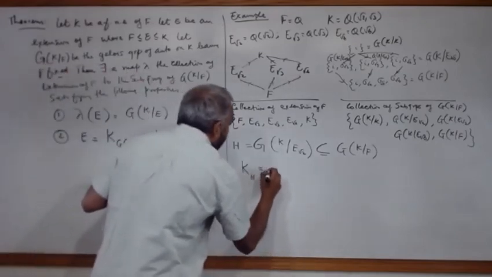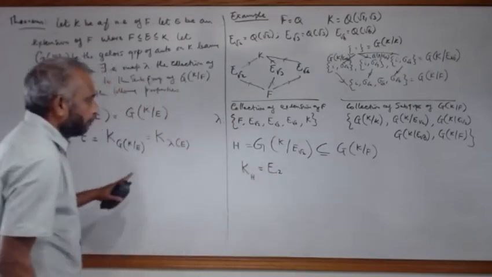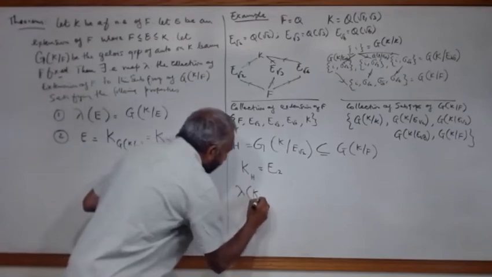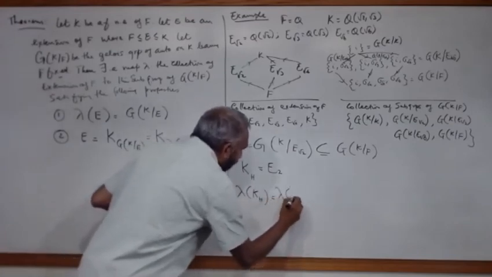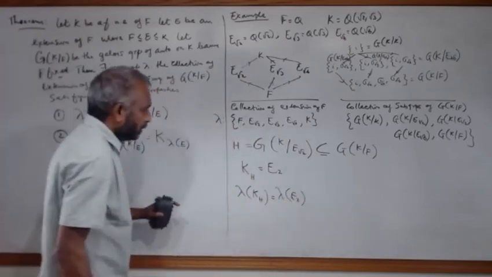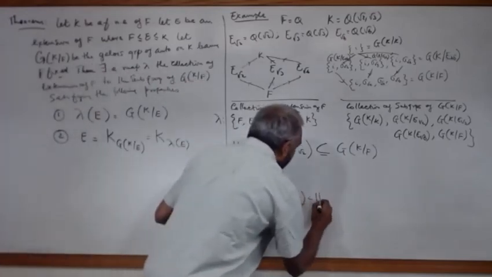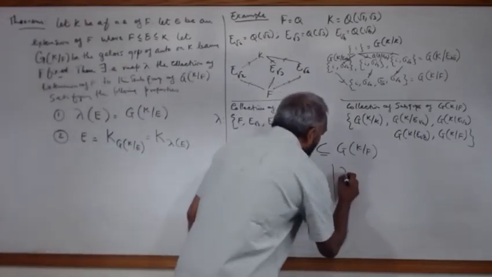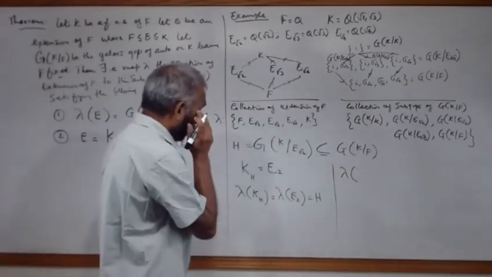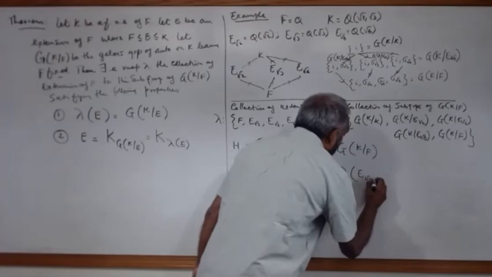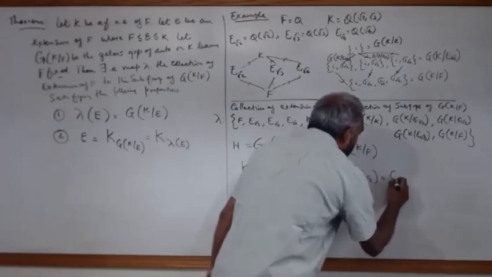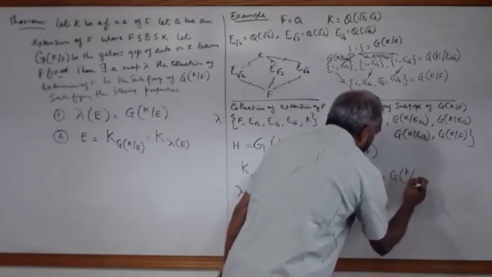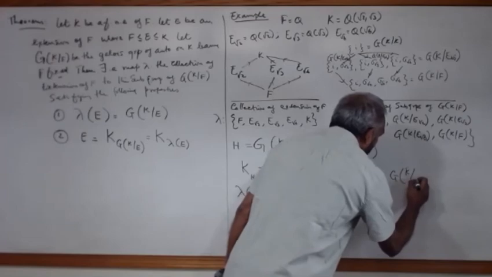This is here, it's going to be E root 2. So lambda of K of H is equal to lambda of E root 2, and that is going to be H, because H is this. See, what you are trying to say is lambda of E root 2 is equal to G of K over E root 2, this is our definition of lambda of E root 2.